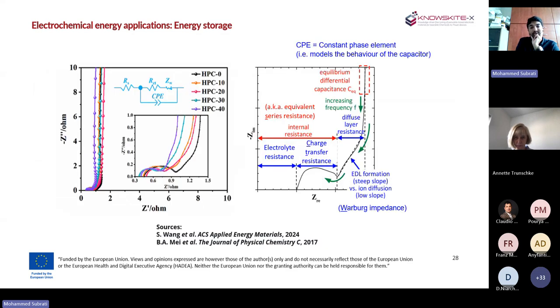And from the electrochemical impedance spectroscopy point of view, the HPC20 sample had a very nice balance between the capacitance and Warburg impedance at 45 degrees, and also the least charge transfer resistance, since it has the smallest diameter.